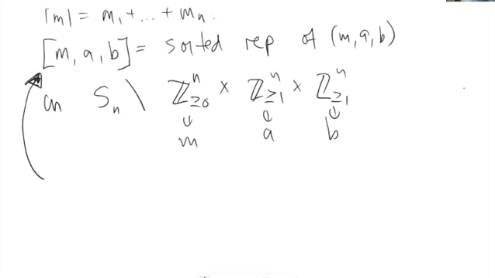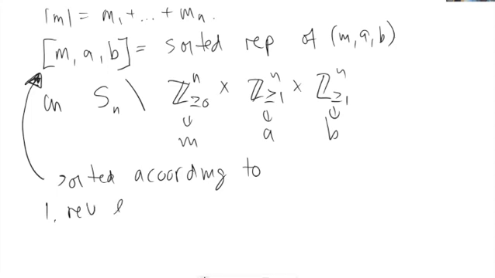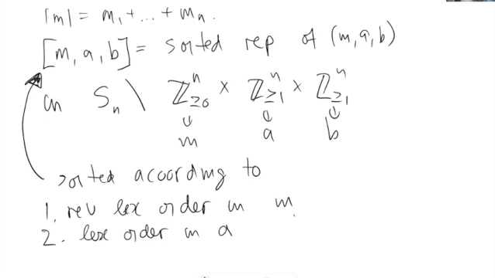The triple in these brackets is sorted according to, one, the reverse Lex order in M. So M is always going to be sorted in decreasing order. Two, the usual Lex order in A, to break ties between the M variables.